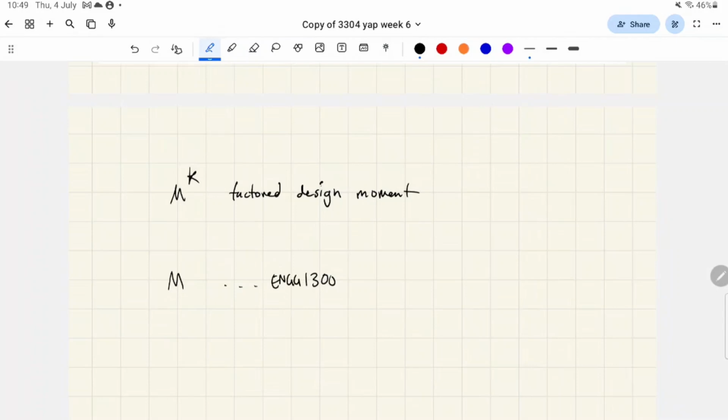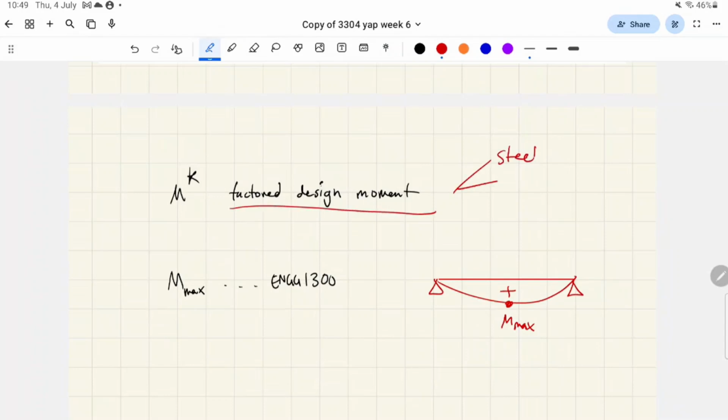This is ENG1300. And it's going to be your max moment for a simply supported beam, for example. So just to make it really simple, it's like this plus, and this is M star. Oh, sorry, this is just M max, right? This is a question which you can expect to see in 1300. Once you start doing design courses like steel and concrete, we care about the factored design moment because that's what's in AS1170.